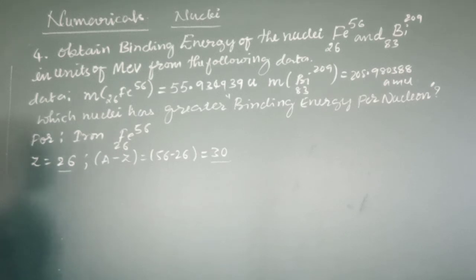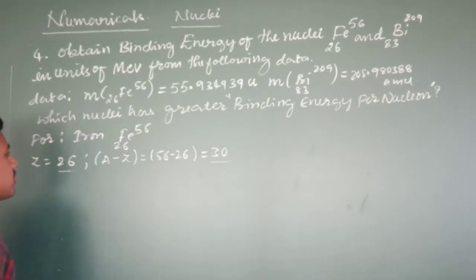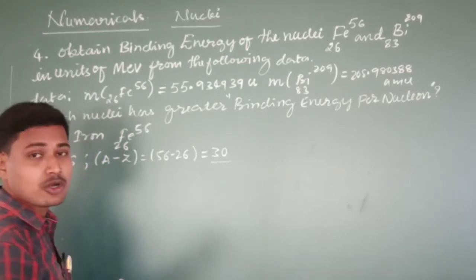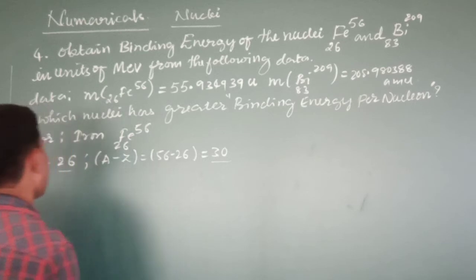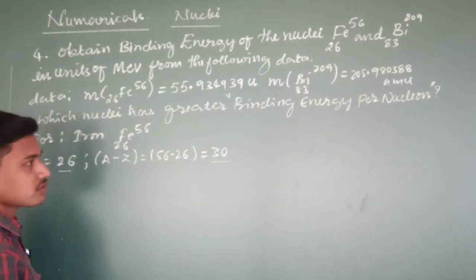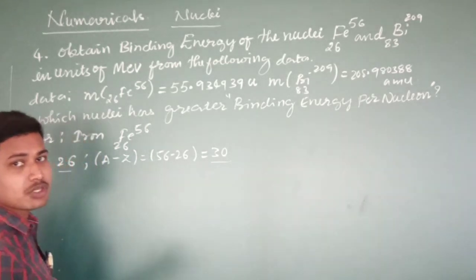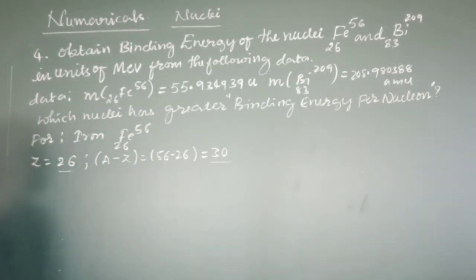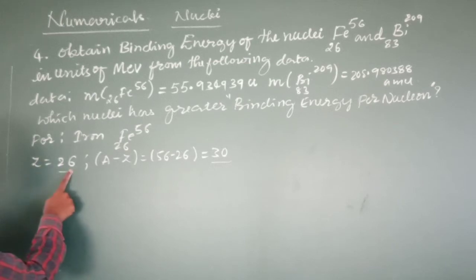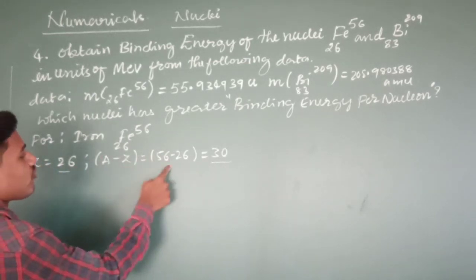So we have to find the mass of the 26 protons and the mass of the 30 neutrons. That will give you the total mass of the constituent nucleons of iron, and the actual mass is given. Just subtract it and you will get the mass defect, and multiply with 931, you will get the binding energy. So iron, atomic number 26, number of protons; A minus Z, number of neutrons.